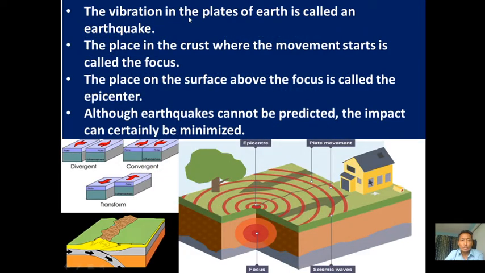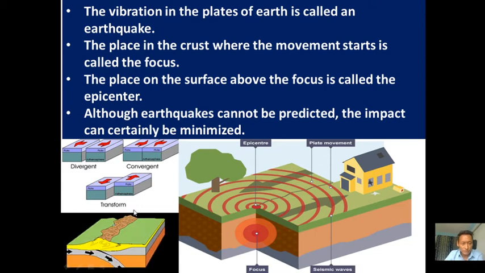The vibration in the plates of the earth is called an earthquake. We already know the lithosphere plates, right? Lithosphere plates are also called tectonic plates. If we study lithosphere plate movement, we have three different types: divergent, convergent, and transform.